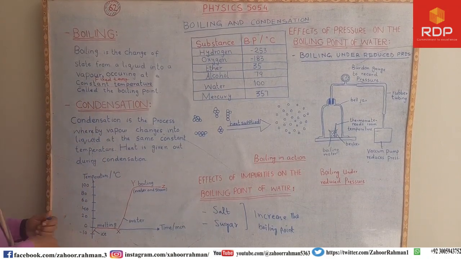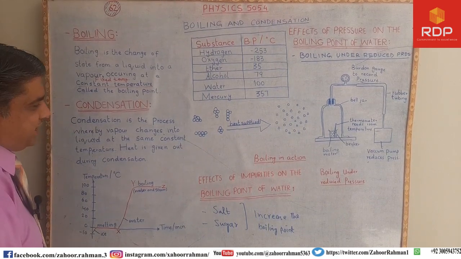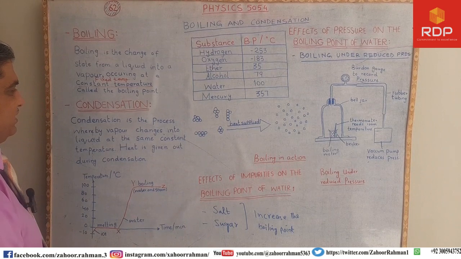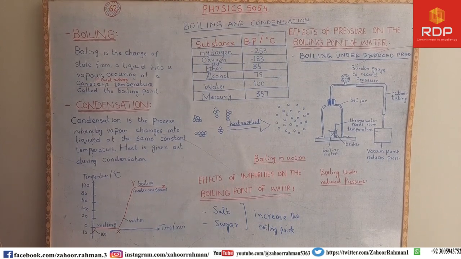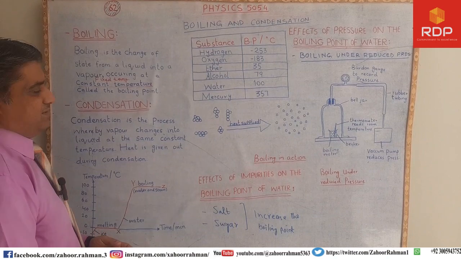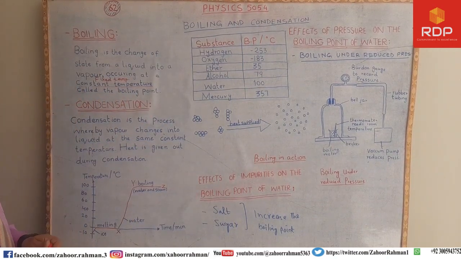For example, if its boiling point is increased to 102 degrees Celsius, the condensation will also take place at 102 degrees Celsius. So, that is a general question, whether impurities affect it, and yes, it does.